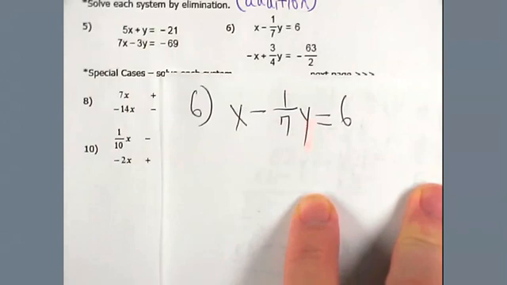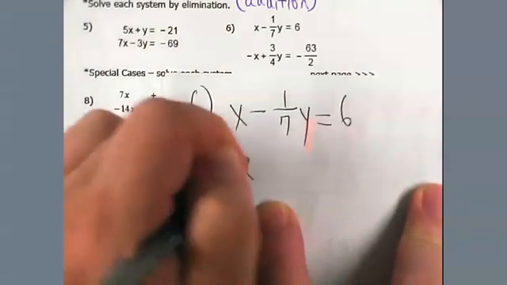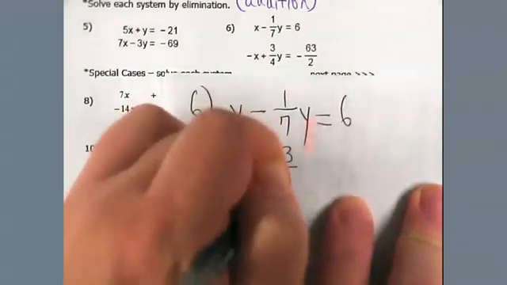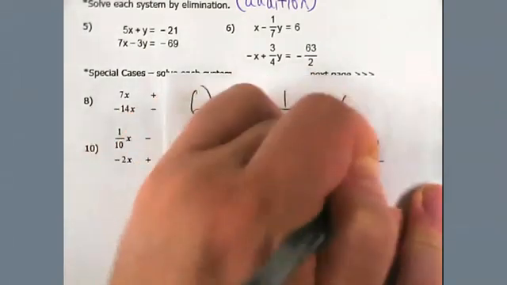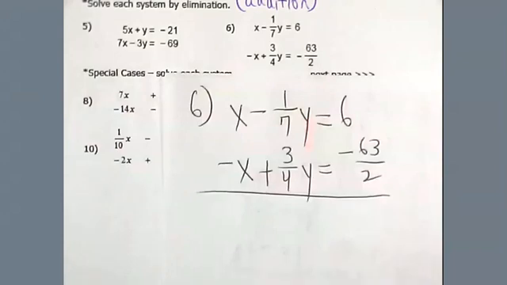And the second equation is negative x plus 3/4 y equal to negative 63 over 2. Now, you could go ahead and eliminate the x's and just combine the y's and the other fractions if you are comfortable with adding or subtracting fractions. Me personally, I want to eliminate the fractions, so I'm just working with integers.